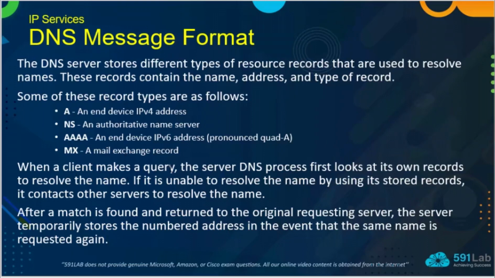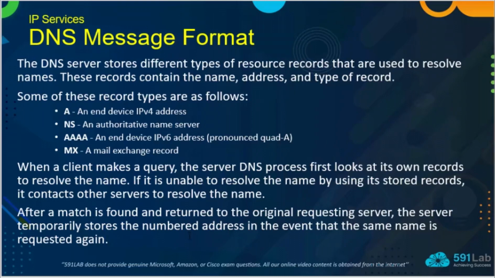So your client makes a query, and the DNS server first looks at its own records to resolve the name. If it is unable to resolve the name using its own records, it contacts another server to resolve it. If our DNS server is not able to resolve that name, it looks up to another DNS server.